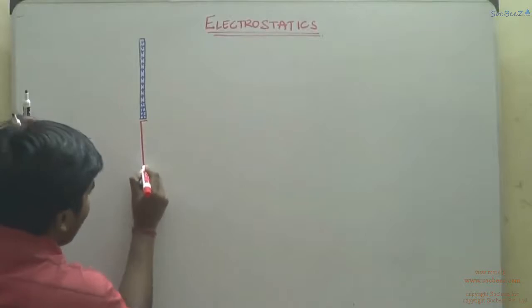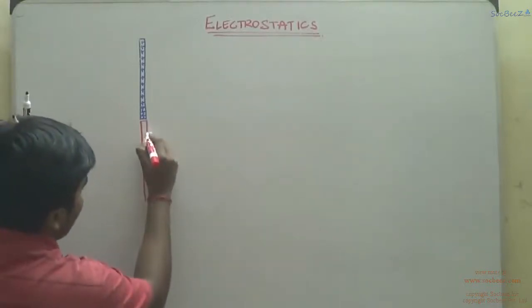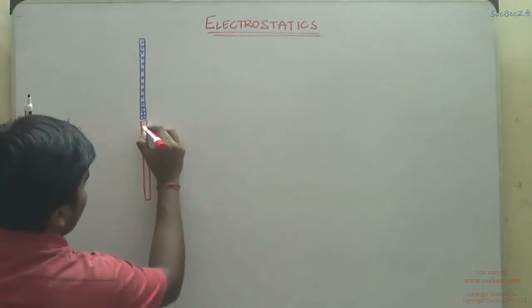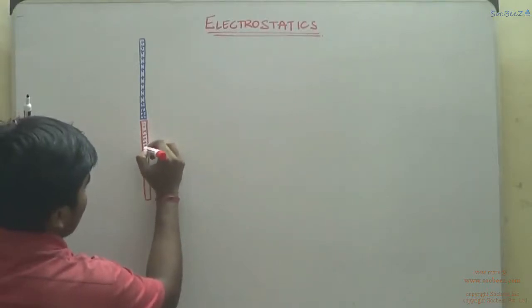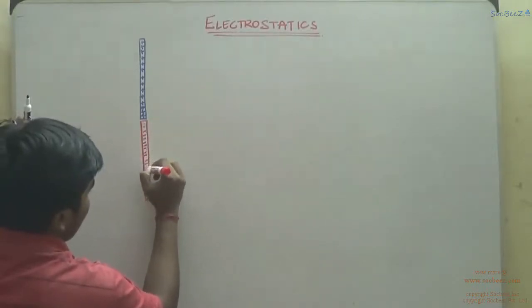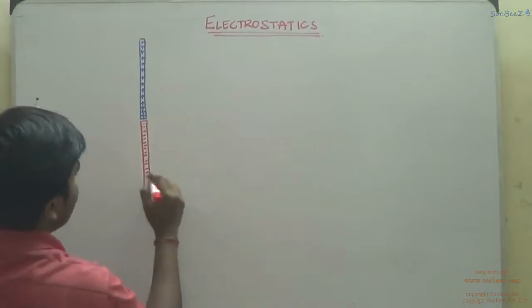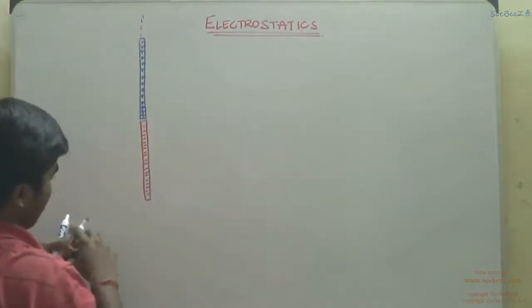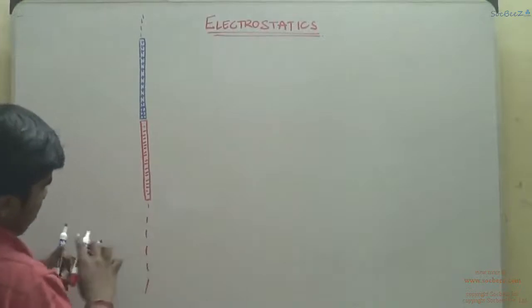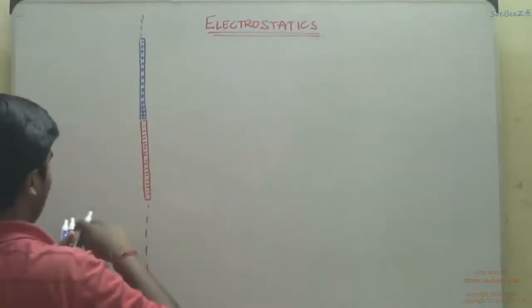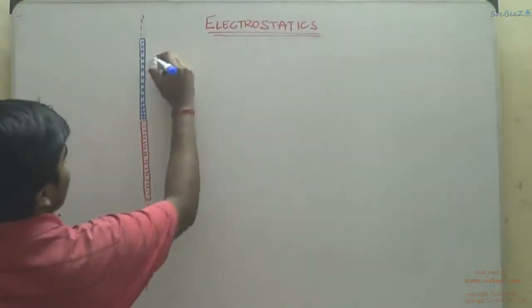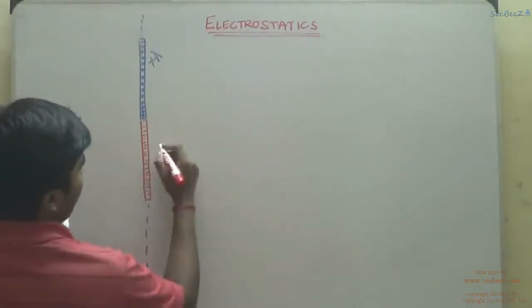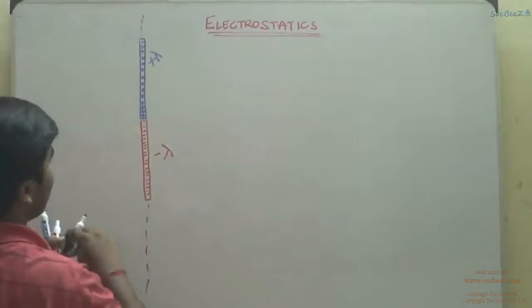and a semi-infinite rod of negative charge, having the linear charge density as plus lambda here and here minus lambda, and there is a ring.